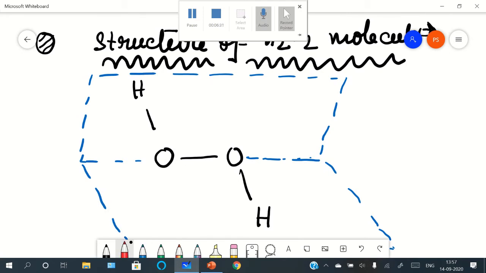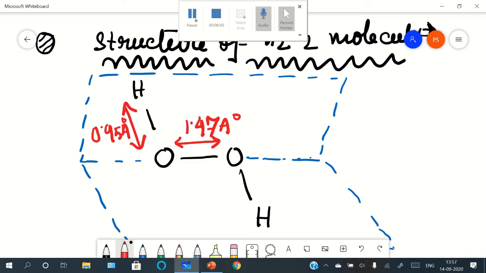In this, the oxygen-oxygen bond length is found to be 1.47 angstrom, and the oxygen-hydrogen bond length is found to be 0.95 angstrom.